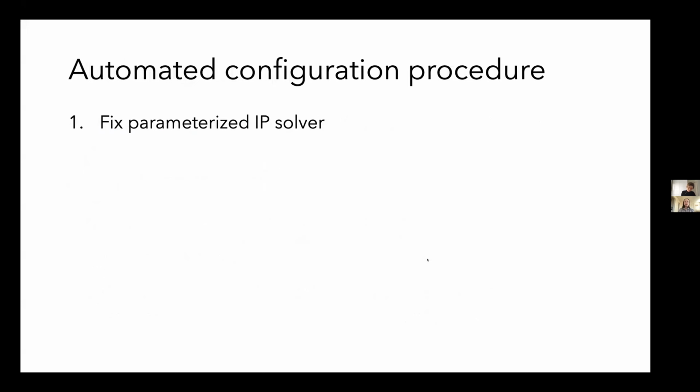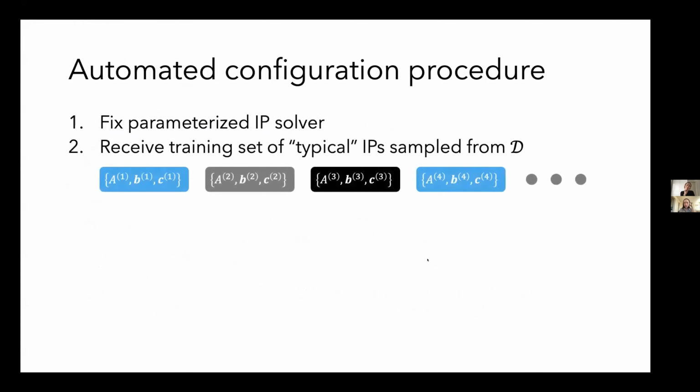Okay, and now what would this automated data-driven approach to configuration look like? So first we would fix some parameterized integer programming solver like Cplex or Gurobi. Then we would receive a training set of typical integer programs sampled from this unknown application-specific distribution. So this could be, say, all of the routing integer programs that the shipping company had to solve over the course of a year.